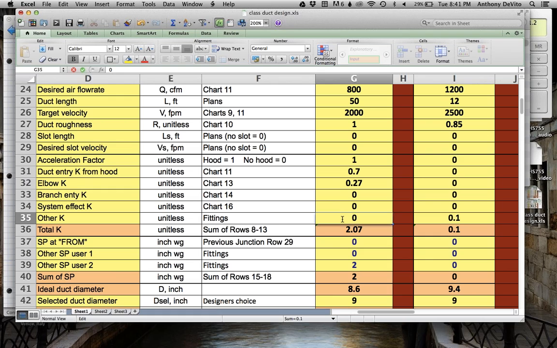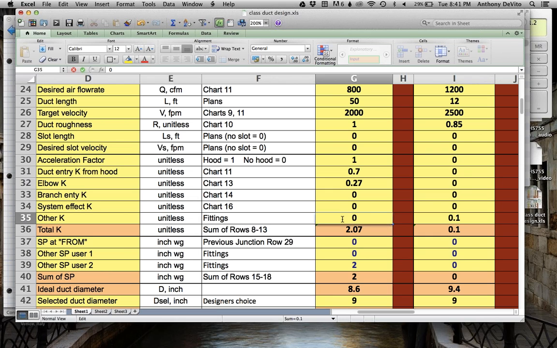Another K would be if you had a K factor for a filter. If the manufacturer says this filter has a K factor you use to calculate your resistance to airflow of 2, or 1.8, or 3.